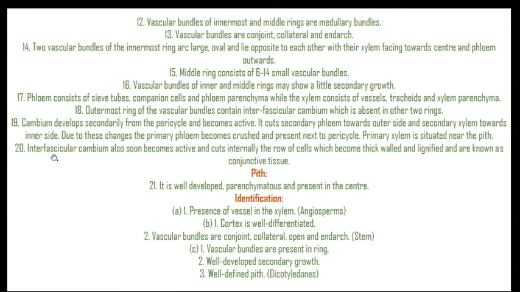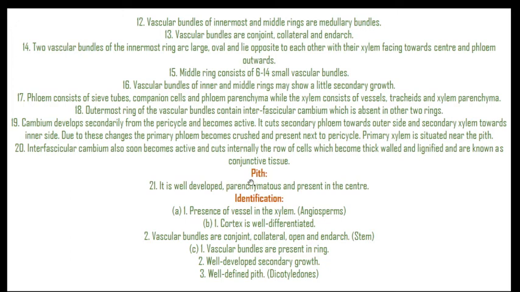Then the interfascicular cambium also soon becomes active and participates in secondary growth. It cuts internally rows of cells which become thick walled and lignified and are known as conjunctive tissues. So in this way the interfascicular cambium gives rise to conjunctive tissue.